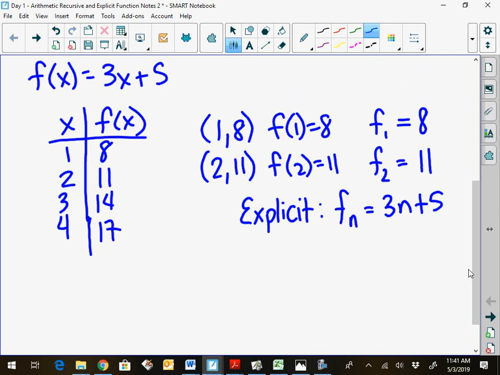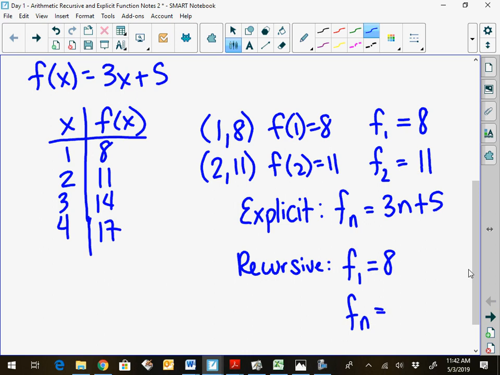So there's another type of function that we could use that looks a little differently. The other function would be called recursive. So explicit and recursive. For recursive, we always start with our first value. So in this case, if we used f, we would say f sub 1 equals 8. And then we could say that f sub n equals, and what did we do with that?